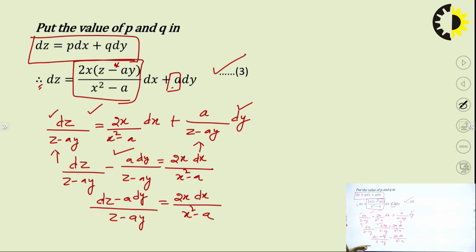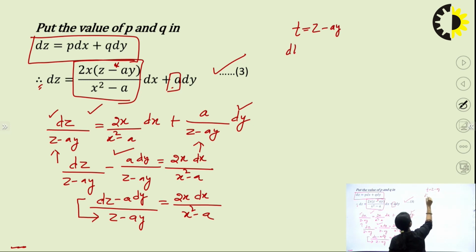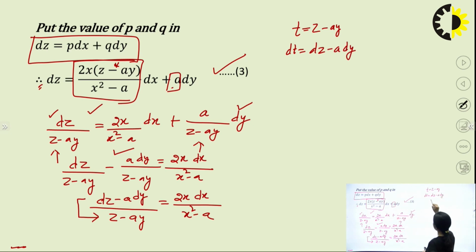See what happened? Please read this equation carefully. You can observe that the numerator is the exact derivative of the denominator. How? If we take t equal to z minus ay, then its derivative will be dz minus a dy. So you can observe that the numerator is the exact derivative of the denominator.